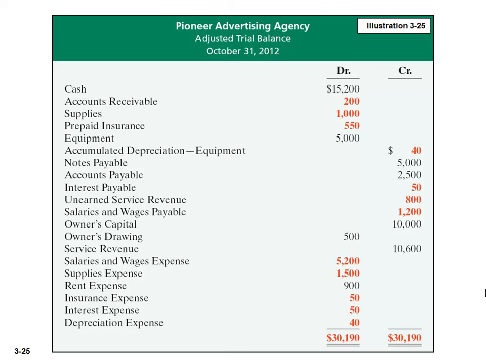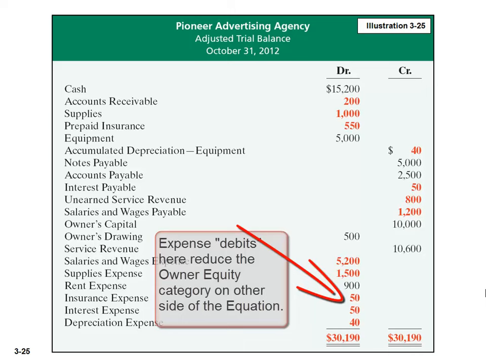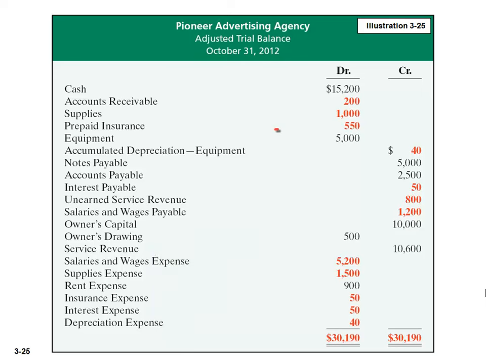Some period of time has been used up or lapsed in that policy, and therefore the asset has been consumed, and we reflect it as an expense at the bottom. As the $600 went down to $550, we increased insurance expense at the bottom by $50. That $50 of insurance expense will appear in the income statement. The remaining $550 of prepaid insurance up above stays on our balance sheet at period end.